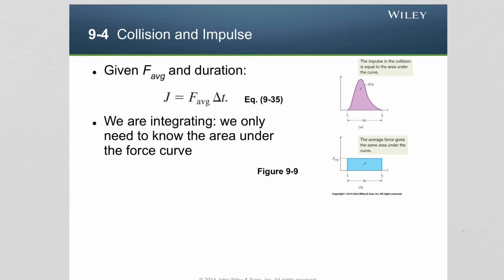However, if I average this force between the two timestamps here, t initial and t final, that is going to then result in a shape of the force versus time that is very simple, and the area can be calculated without integration. And so, in this course, we are mainly going to deal with average constant force. And then in this case, the impulse generated by the force is simply the average force times the time interval over which this force was applied to an object.